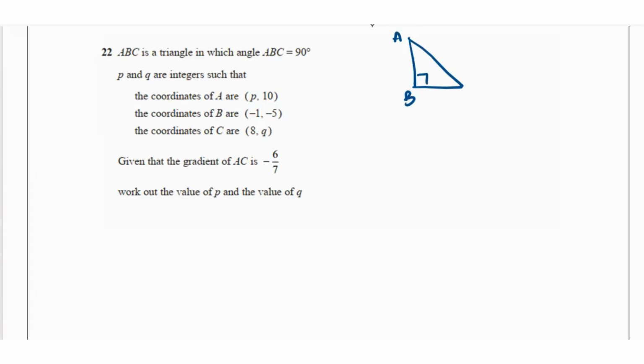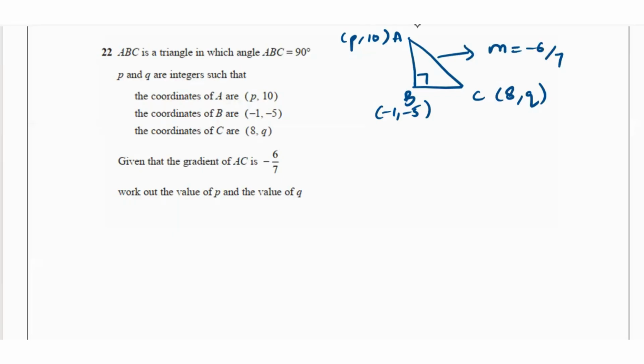So let's first draw the right angle triangle. A, B, C. Angle B is 90. A is (P, 10), B is (negative 1, negative 5), and C is (8, Q). Given that the gradient of AC is negative 6 over 7.